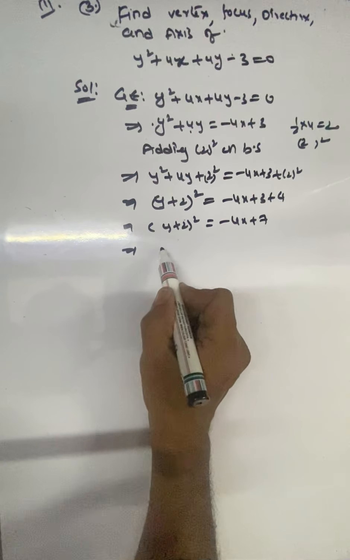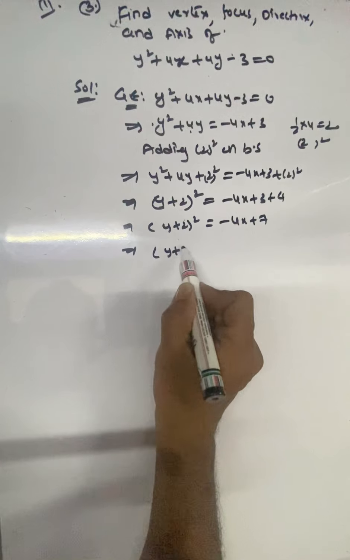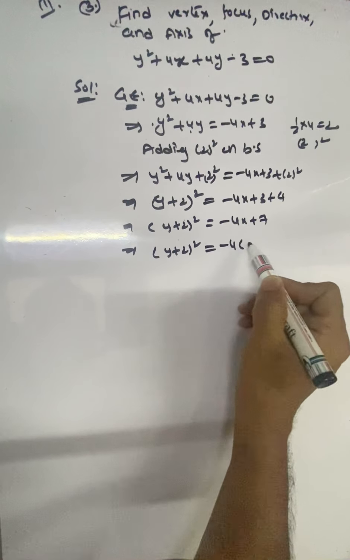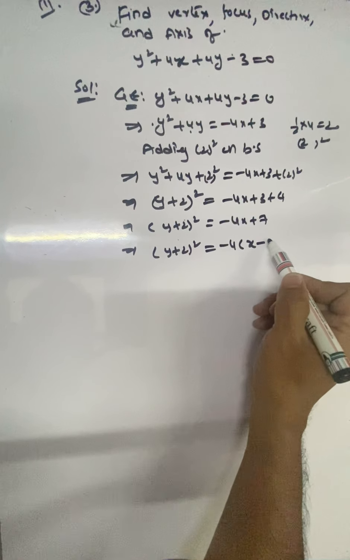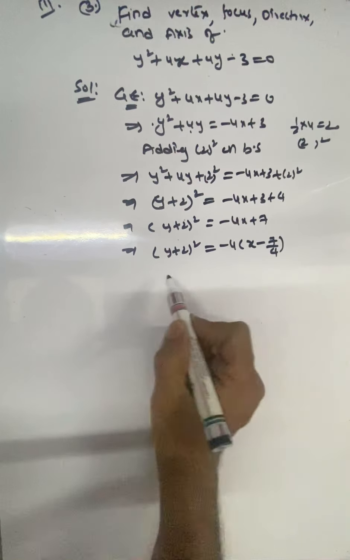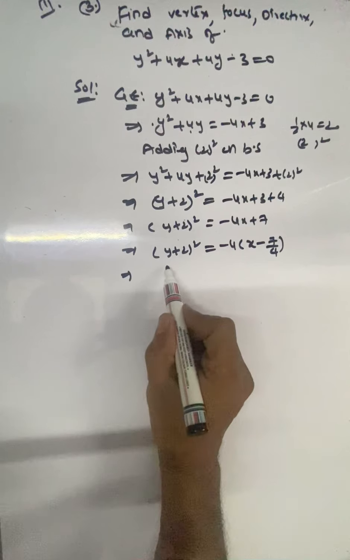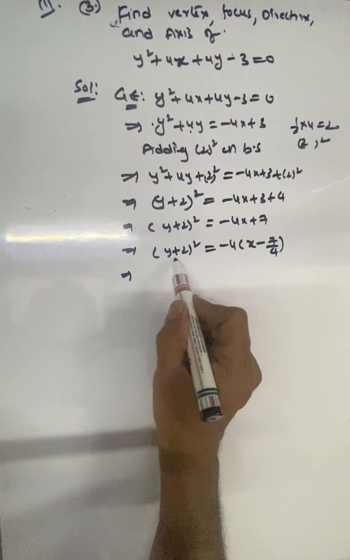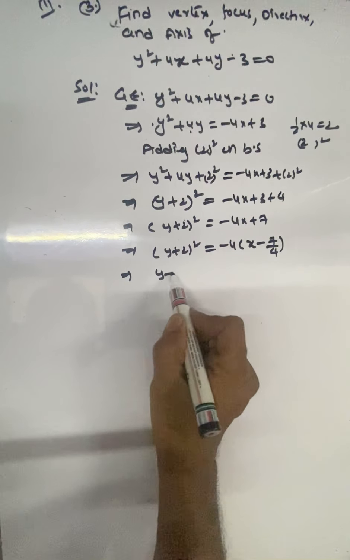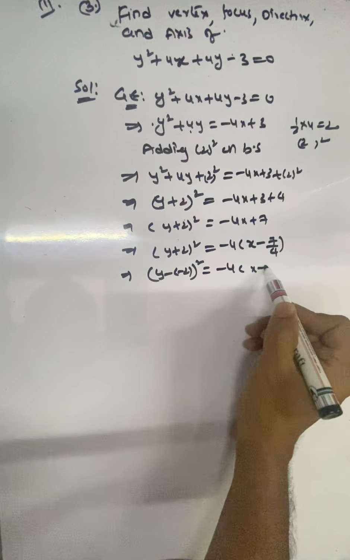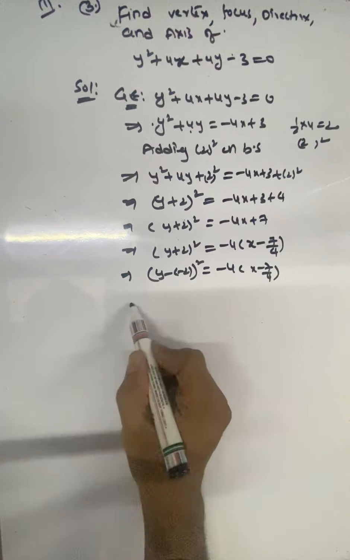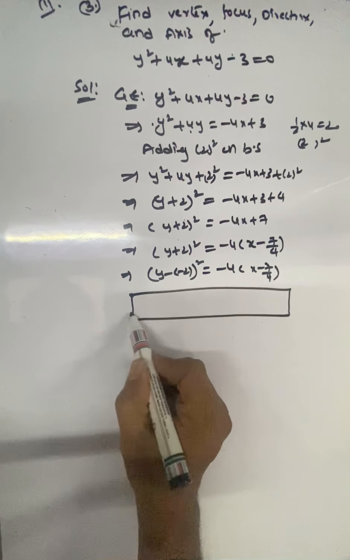So y plus 2 whole square as it is, minus 4 common, x minus 7 by 4. Now we can write y minus of minus 2 whole square equals minus 4 into x minus 7 by 4. Now use the 4 formulas I have given you.